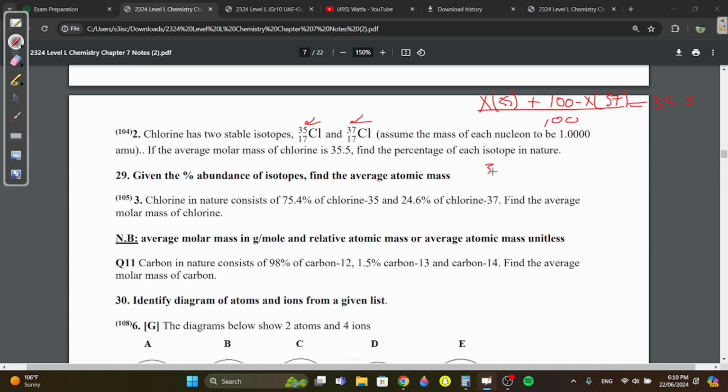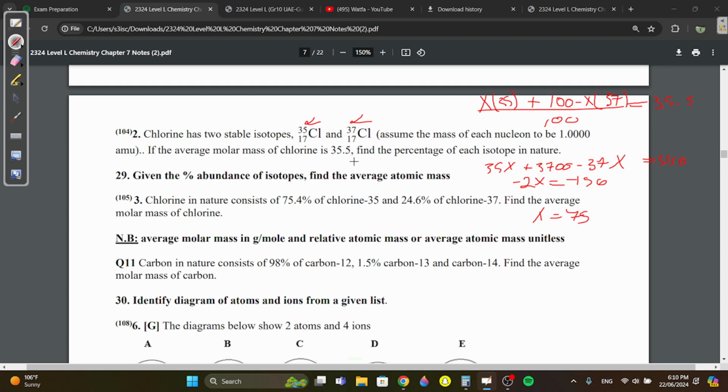Now we solve it normally. 35x plus 37 times 100, 3,700, minus 37x equals 3550. You subtract, so it becomes minus 2x equals minus 150. You're going to get x equals 75.